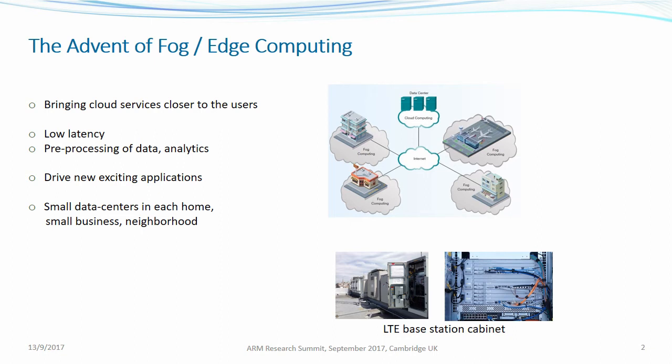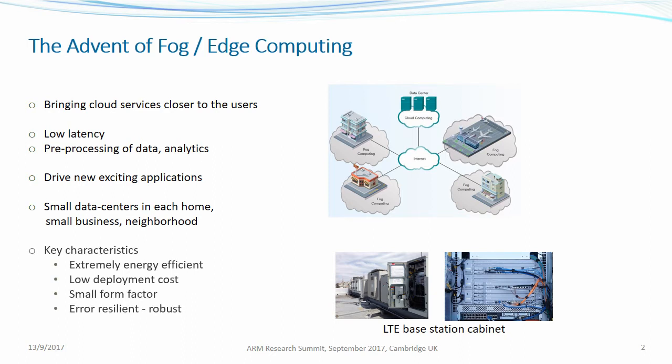In other cases, there is a huge amount of data, and you need to do some pre-processing near the place where the data are produced. In any case, the ability to perform edge computing enables a number of exciting new applications. And the idea is to be able to have small-scale data centers in the home, in the business, and in the neighborhood.